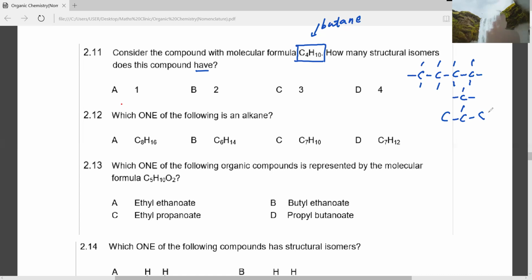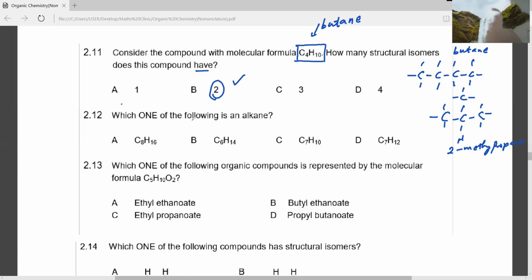There's no way you can move this carbon anymore. So you'll have only 2 isomers. It's only butane and 2-methylpropane. So the answer is 2. I believe you are following.